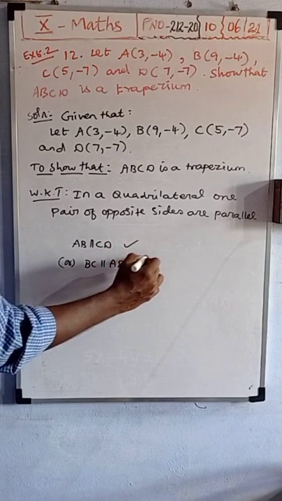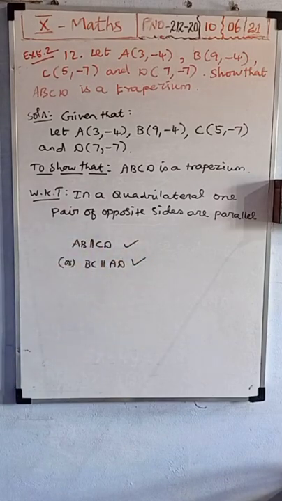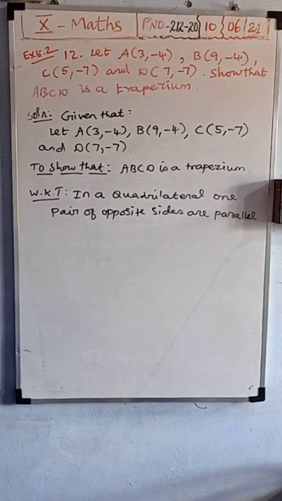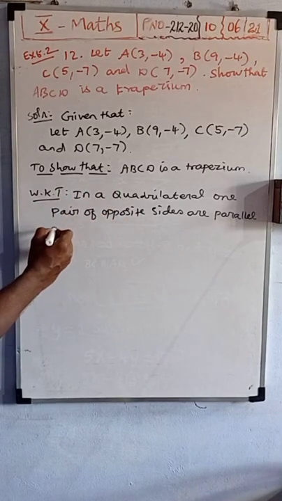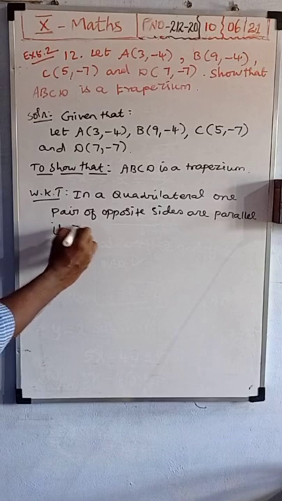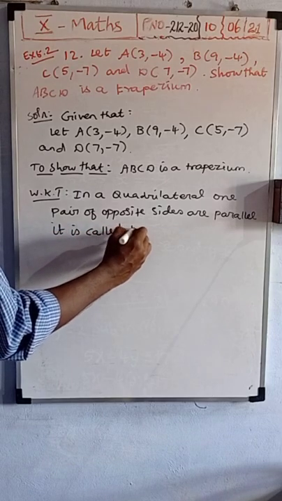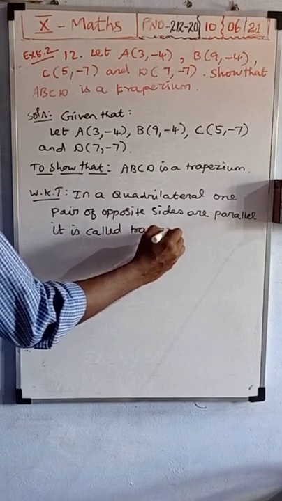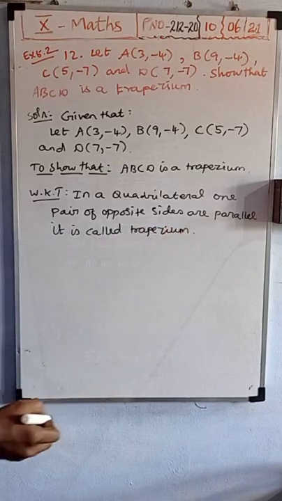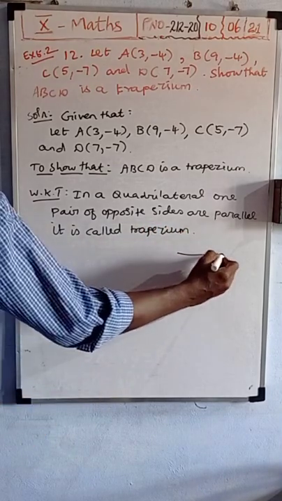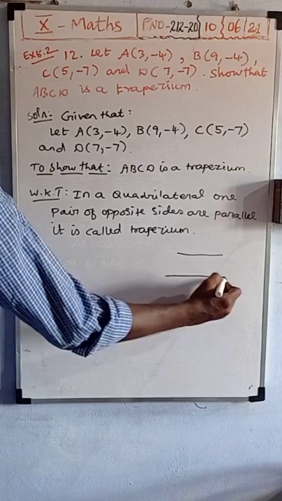In the two, any one pair of opposite sides being parallel is called a trapezium. Okay, in a quadrilateral, one pair of opposite sides being parallel is called a trapezium.